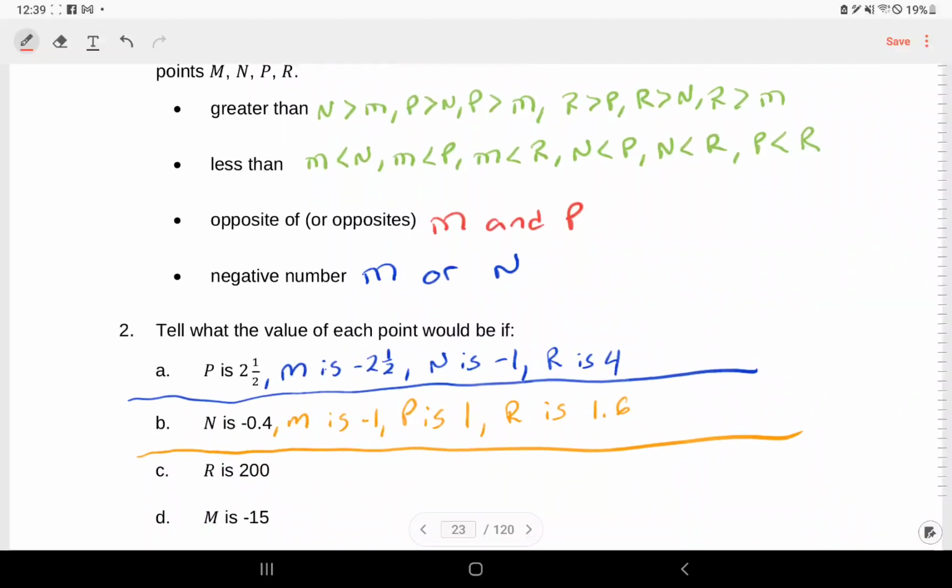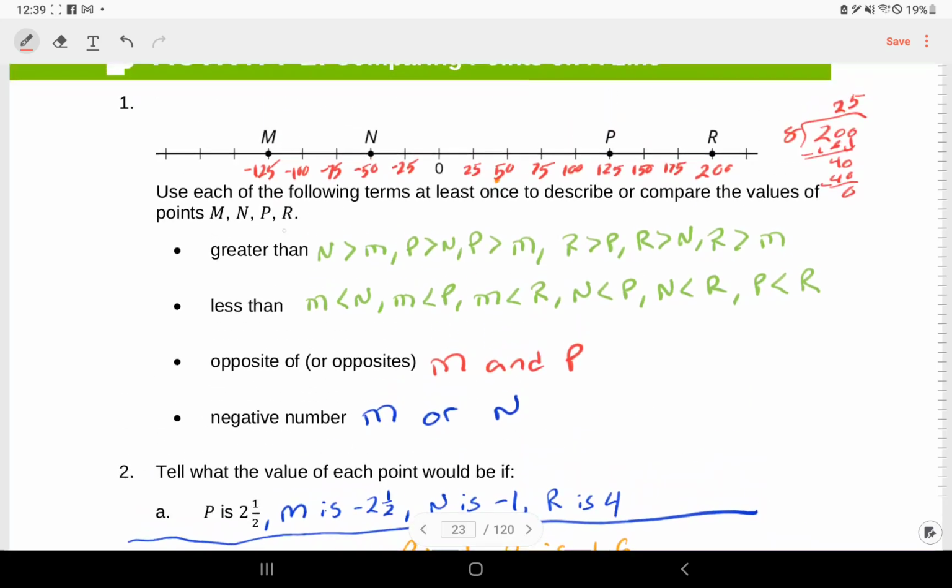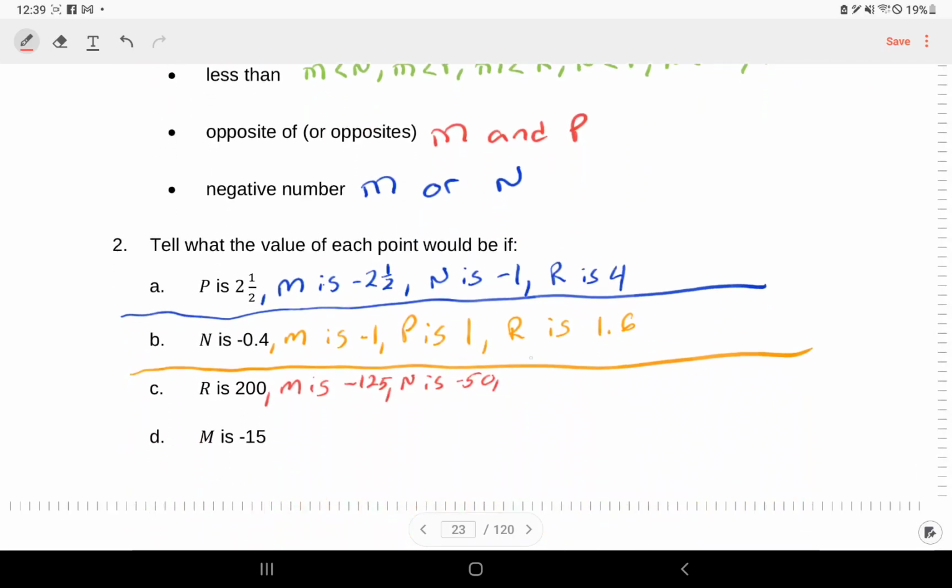And so R is 200, M is negative 125, N is negative 50, P is 125.